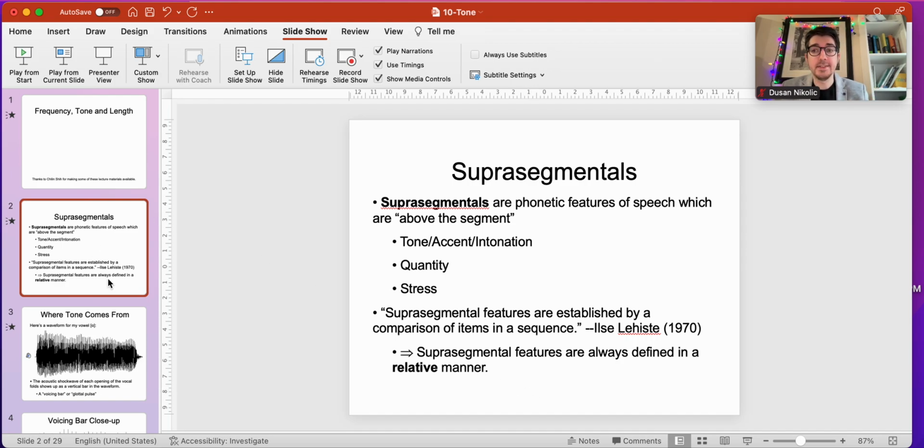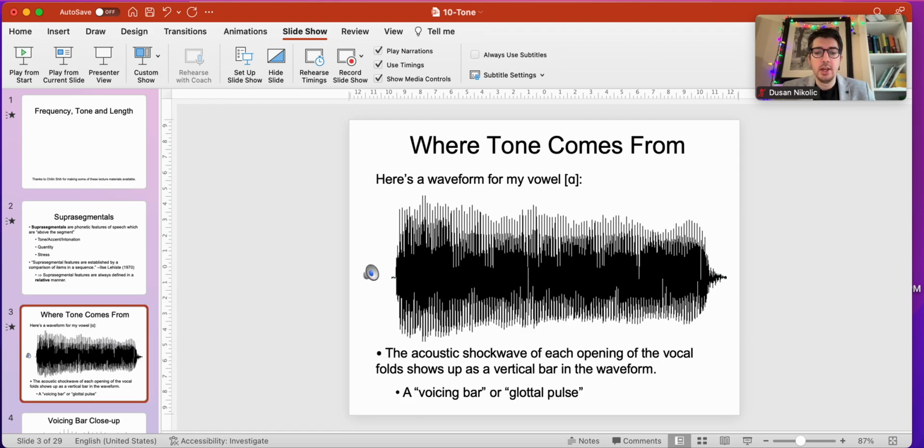And as I said, they correspond to objectively real fundamental frequency, which we talked about last time. So let's say we want to talk about tone, right? Where does tone come from? We know by now that this is a waveform, right?